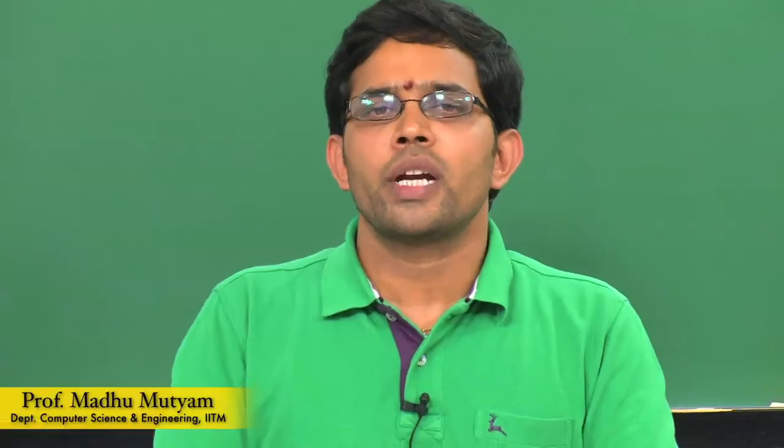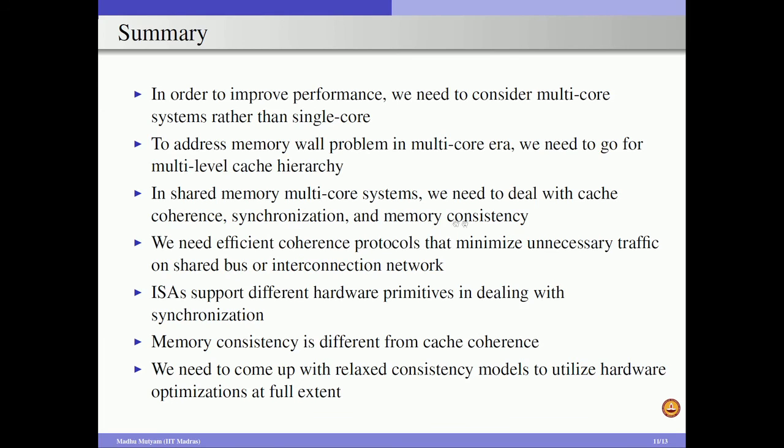So when we have shared memory multi-core systems, we have to deal with cache coherency, synchronization, and memory consistency. In the last module and this module, last week and this week, we have considered several techniques associated with cache coherency maintenance, synchronization, and memory consistency models.